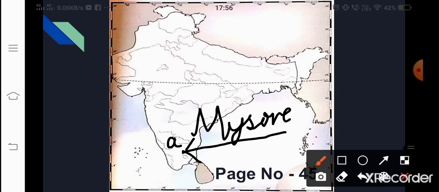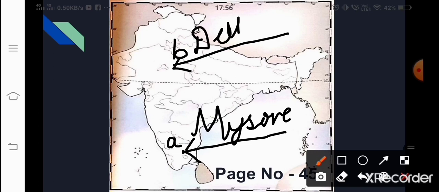So first you have to search for the location properly. Children, in your map book you will be able to write it very well, because the pen that we are using for writing here is not at all perfect. So here it is Delhi. So we have seen how to locate it. First you will write A, because in the question it was given as A for Mysore and B for Delhi, right?